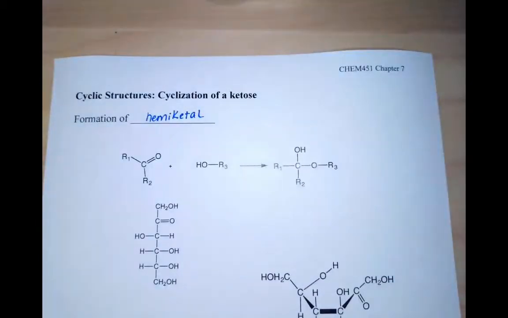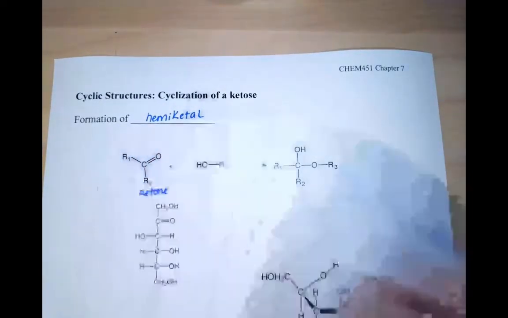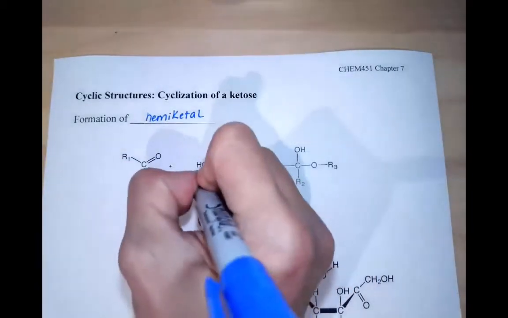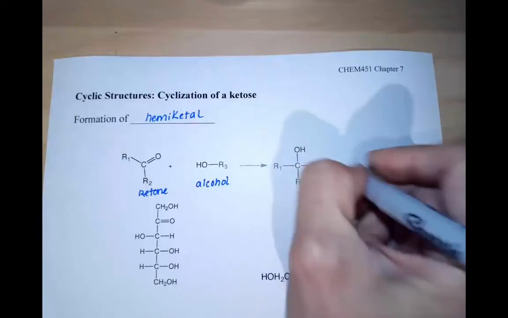And the reaction mechanism is actually really quite similar, except instead of an aldehyde for making a hemiacetal, instead we start with a ketone, react it with an alcohol to get our hemiketal group.